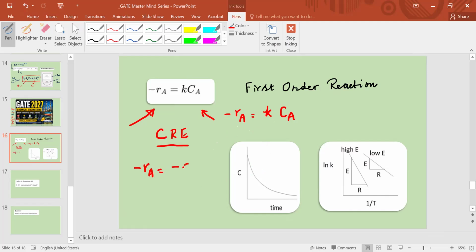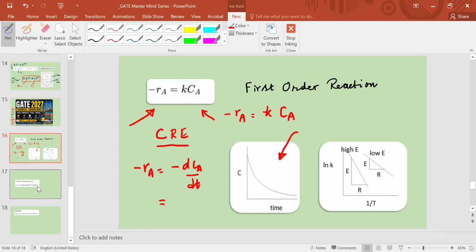It is nothing but minus dCA by dt. That means disappearance of the concentration. The minus sign tells us that as time passes, the concentration of A decreases. So this is nothing but the change in concentration divided by the change in time.